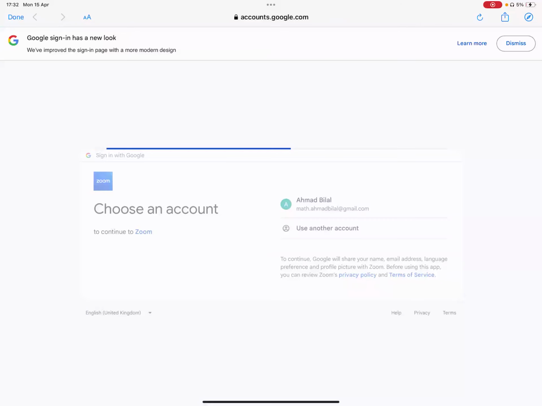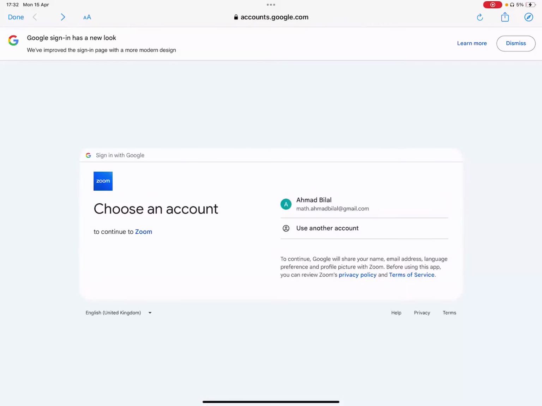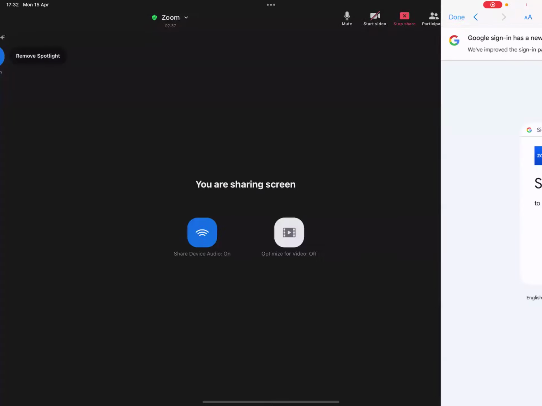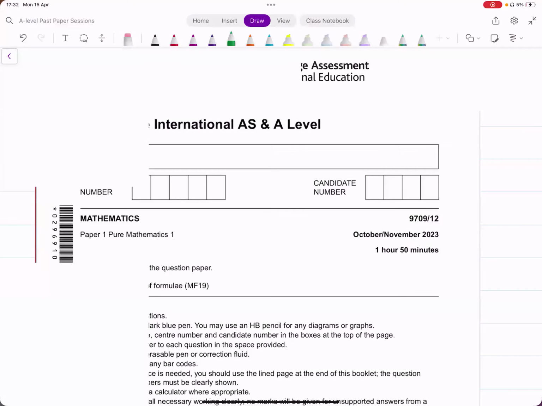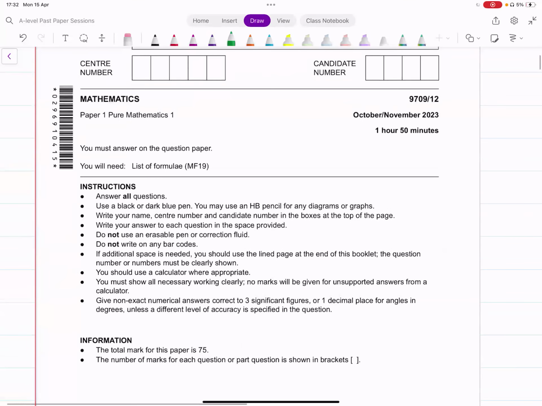Okay, so this is the paper that we're starting today, May, June 2023, October, November 2023, paper 1, variant 2. So we've talked about the instructions earlier as well in the first introductory class that we had.